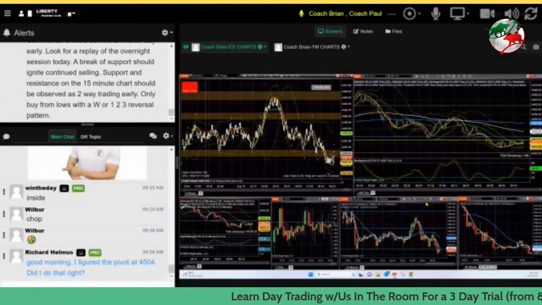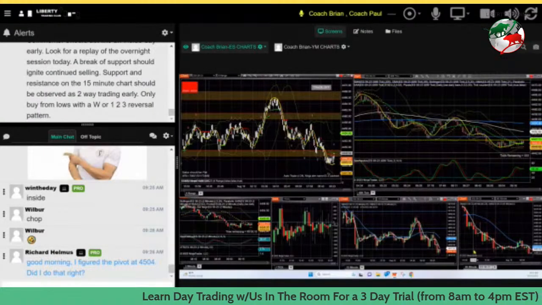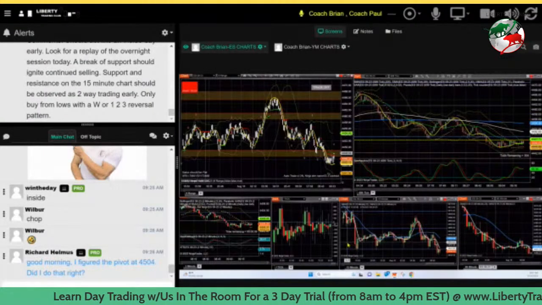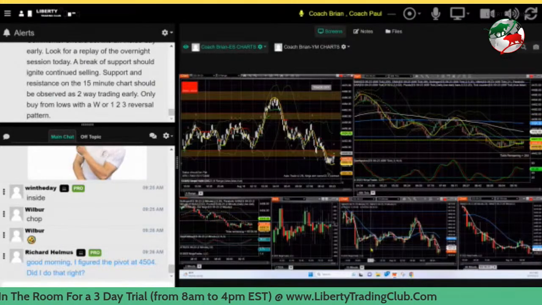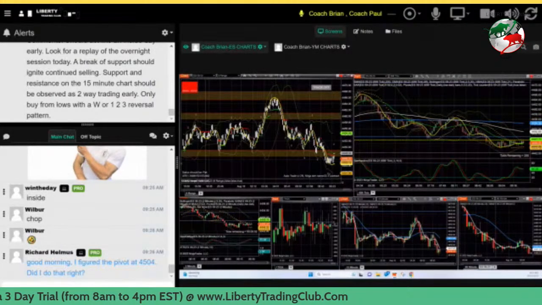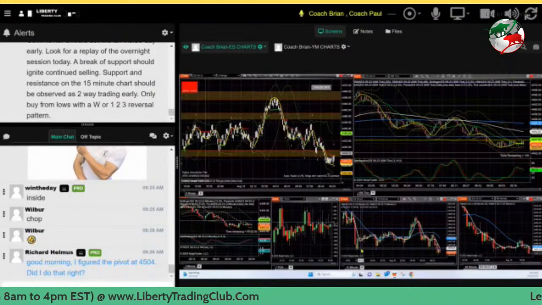I would think that would be the case. Let's see here. Yeah, you probably use the settle price. That would be a little bit higher. Close price lower.